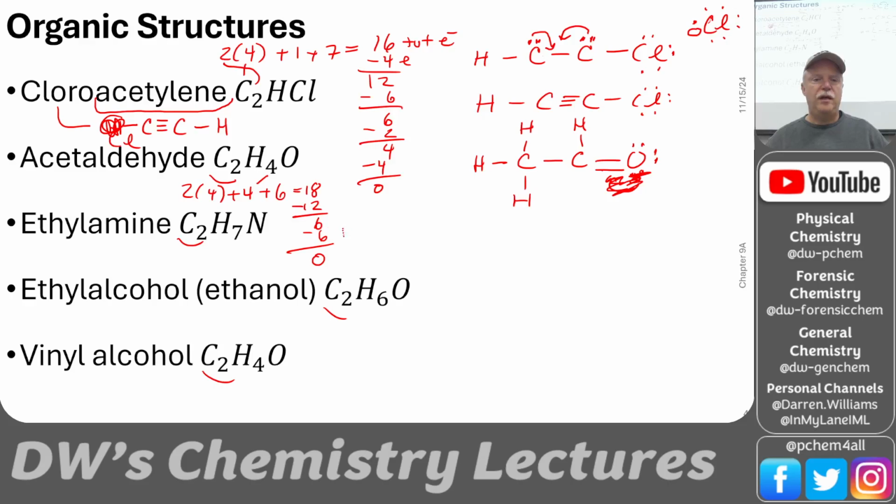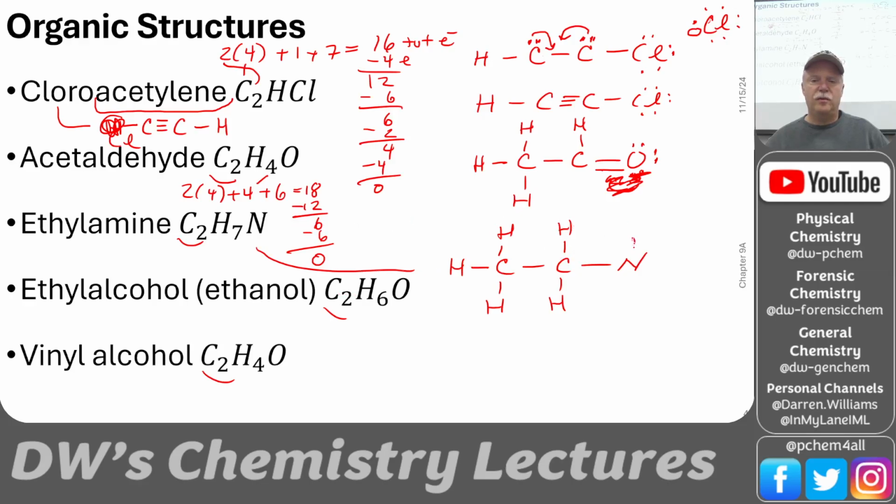Let's do ethylamine. CCN. It's got 7 hydrogens. So we'll put 3 here, because every carbon wants to have 4 bonds. 4 bonds equals 8 electrons, and so that carbon's happy. Okay, we'll put 2 here. And that's 5.